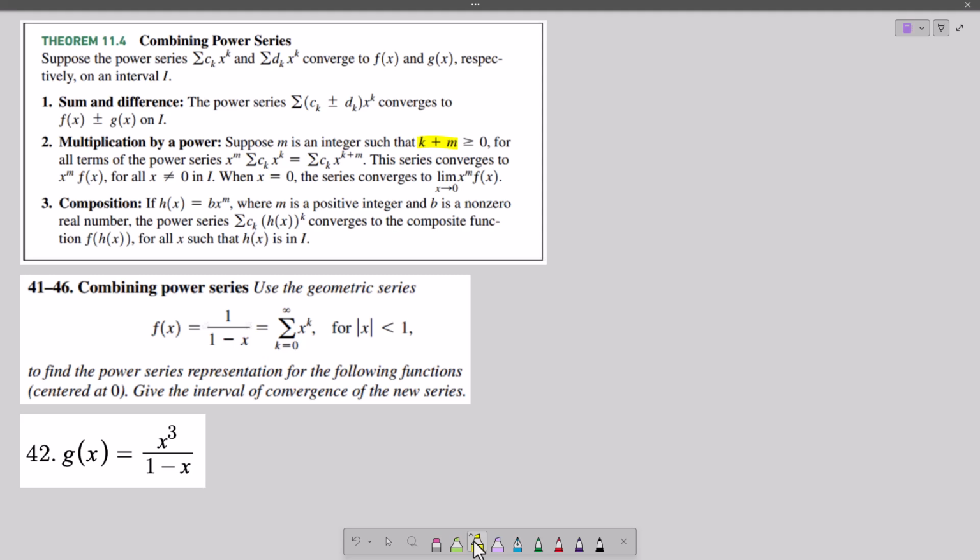So this series is going to converge, as we might expect, to x to the m times f of x. But we have this one thing here. If x is 0, the series converges to the limit. And the reason is that this m could be negative. So let's suppose that our c sub k series started with x to the 3, and then this x to the m was just 1 over x.